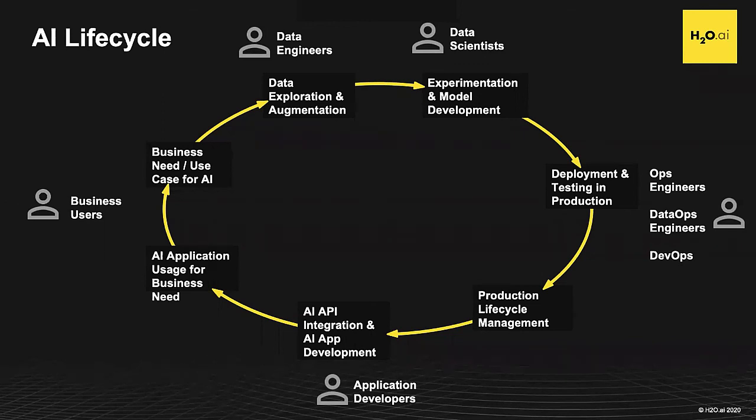So you need to create an interface for the business users. The application developers develop it as a front end, and they create dashboards and other things which make it simple for the business users to interact.